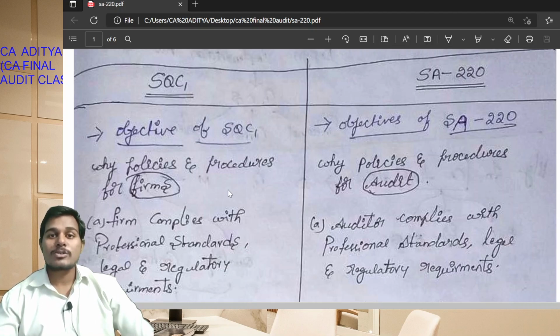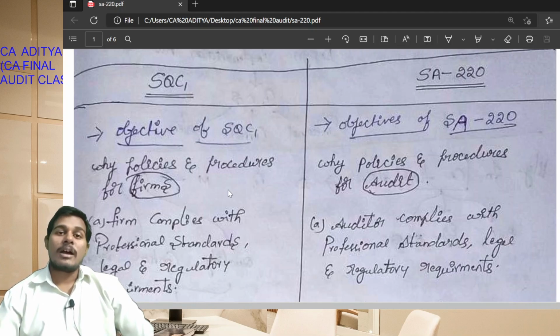As per SA 220, the auditor should comply with professional standards, legal and regulatory requirements, and the audit report should be issued appropriately. That is why the policies and procedures are put in SQC 1 and SA 220.